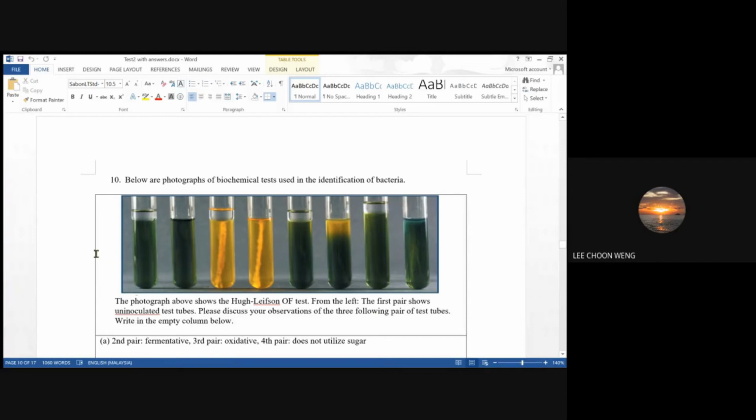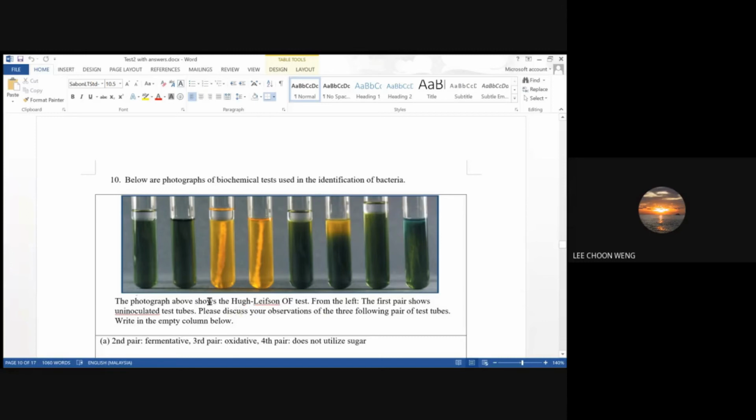Usually in my lab, I use a simple Phenol Red OF test. Okay, so it's either red or yellow. So Hugh-Leifson OF test, oxidative, fermentative. So here you want to determine whether the bacteria is oxidative or fermentative.